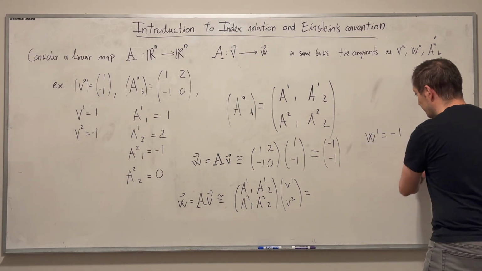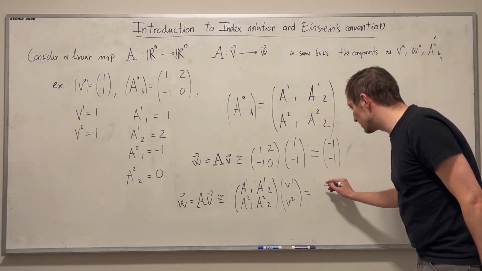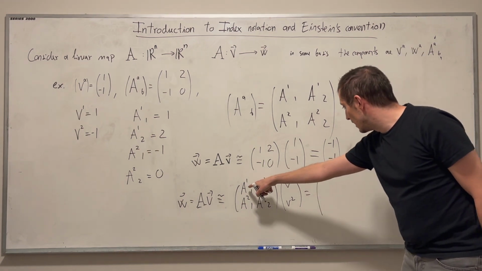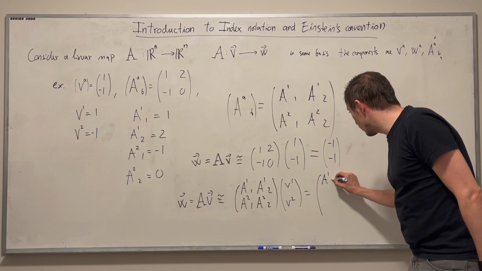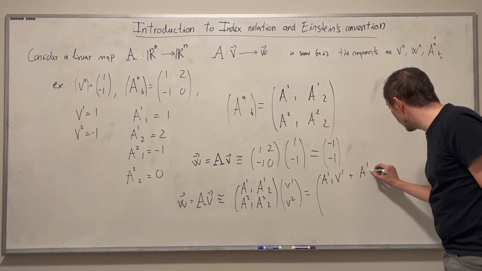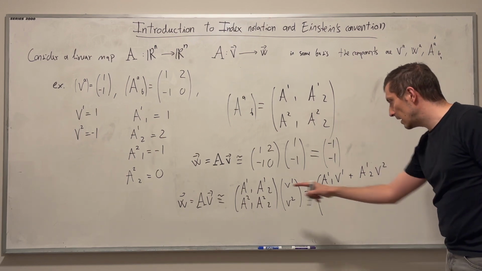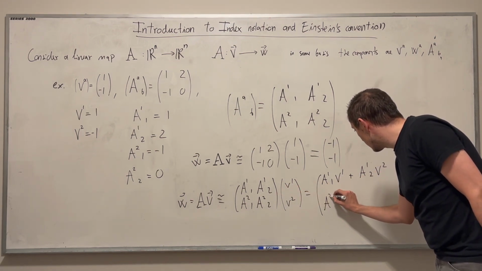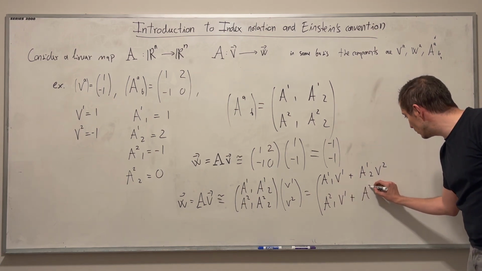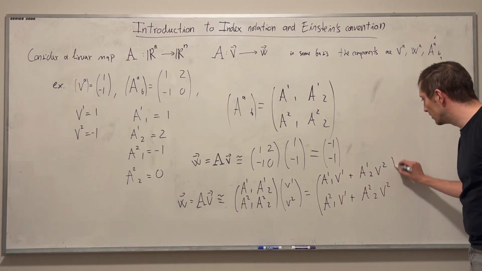Well, what we get is that this is equal to, of course, a column vector that is A11 V1 plus A12 V2, and the second one is A21 V1 plus A22 V2.